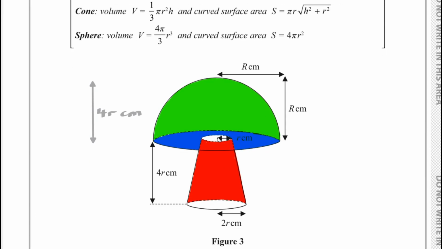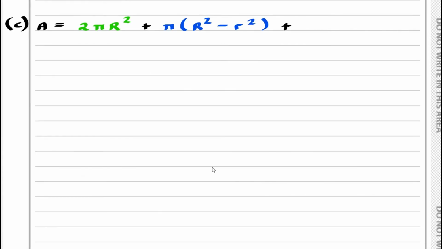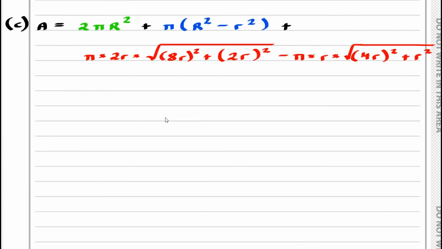So the way we can think about this is big cone subtract little cone. And therefore, we would add on pi multiplied by 2r multiplied by the square root of 8r squared plus 2r squared, subtract pi times r times the square root of 4r squared plus r squared. So let's try to simplify all of this.